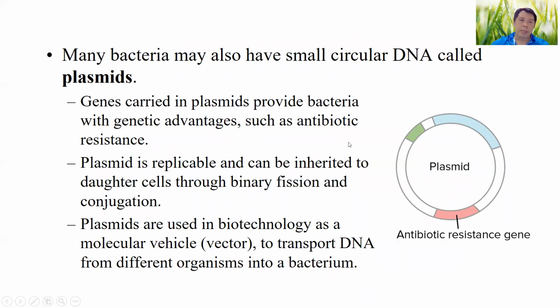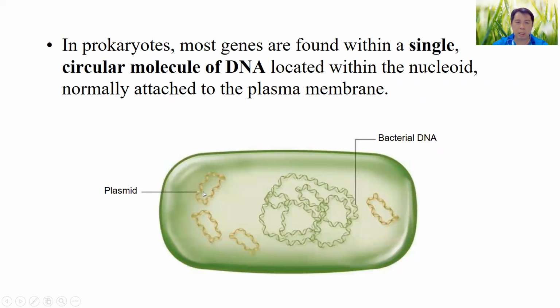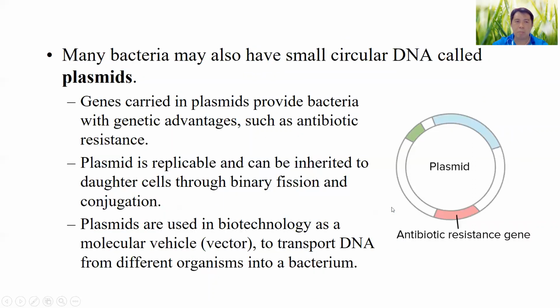Many bacteria may also have small circular DNA called plasmids, in addition to the single circular DNA. The bacteria also have many smaller circular DNA, as you can see here. Plasmids contain genes that give advantages, such as antibiotic resistance genes.